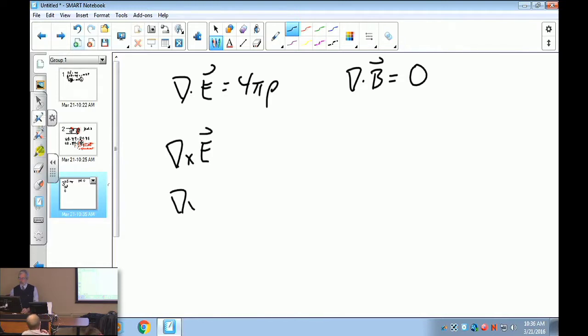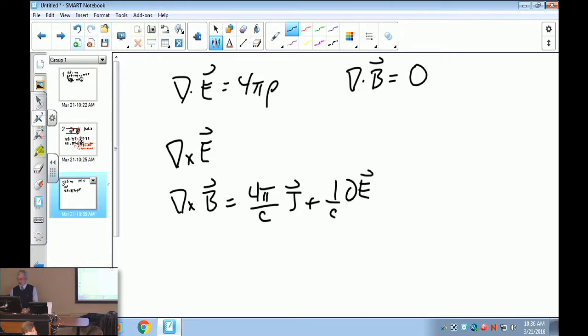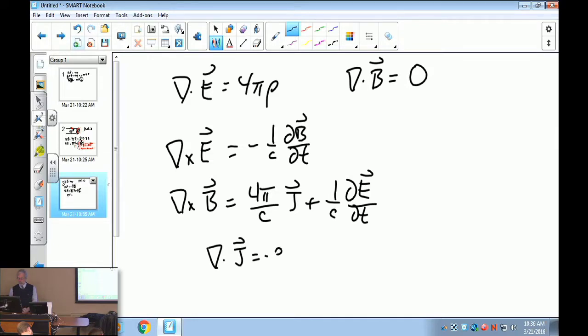But we have the two curling equations, the curl of E and the curl of B. Okay, so this is where we are with Maxwell's equations, and now we have no restrictions on J. Remember, previously we had the divergence of J was 0. Now the only restriction is that J and rho have to be related to each other. So the continuity equation still holds.